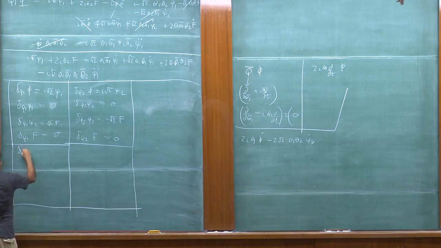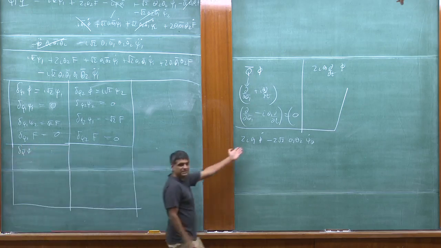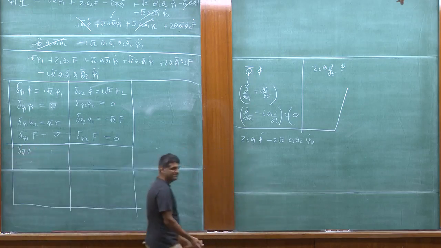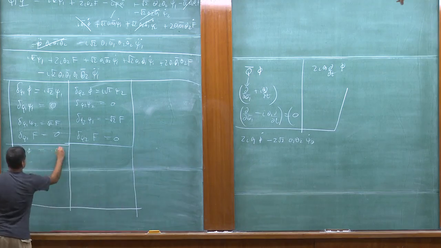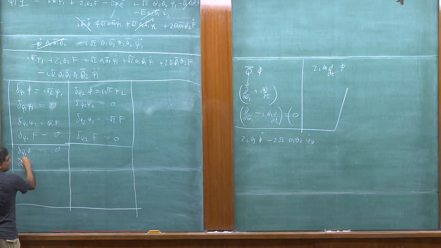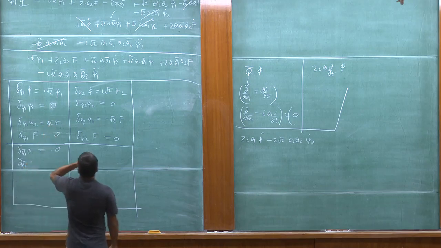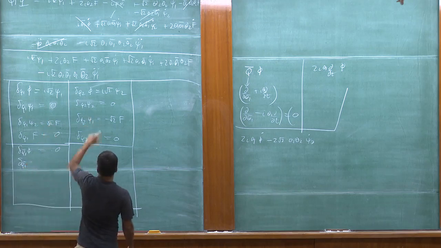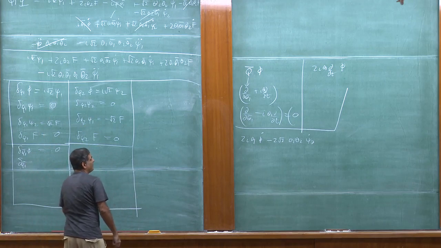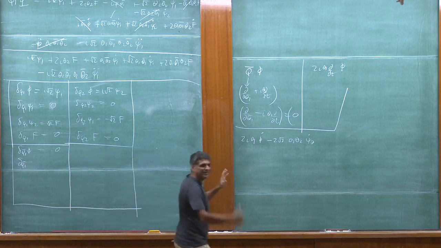Q̄ on φ is 0 because there's no term without a θ. This is Q̄₁. We can remember the expansion up to this order.